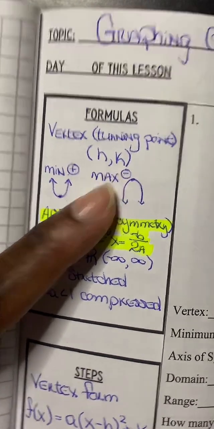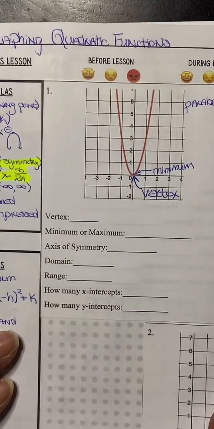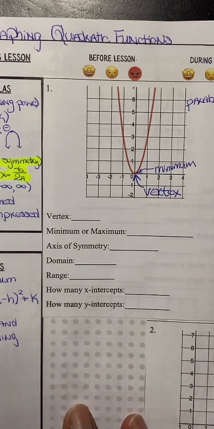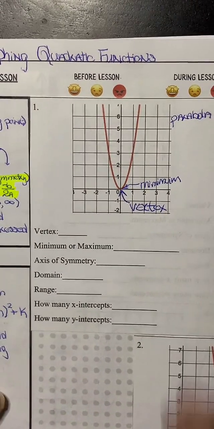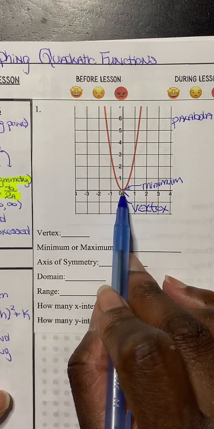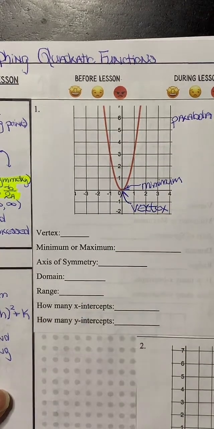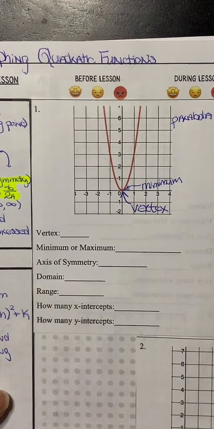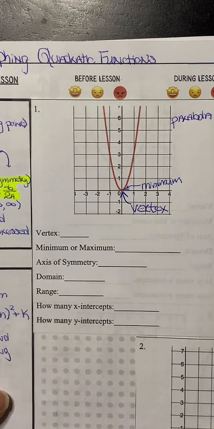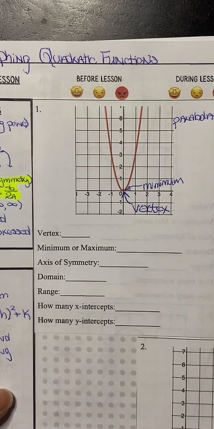All right? So if you notice, your axis of symmetry goes right through the x value of your vertex. So if you ever get stuck and you're like, oh God, I can't remember the formula, but if you see the vertex and they say, what's the axis of symmetry?